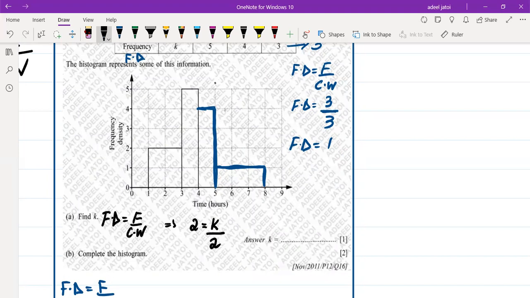So the denominator 2 gets multiplied with the frequency density, and it should be 4. So we got to know that the value of K is 4 here. So that will depend on the question. When the question says you need to find the frequency, you need to work through the frequency density data that is there in the diagram.